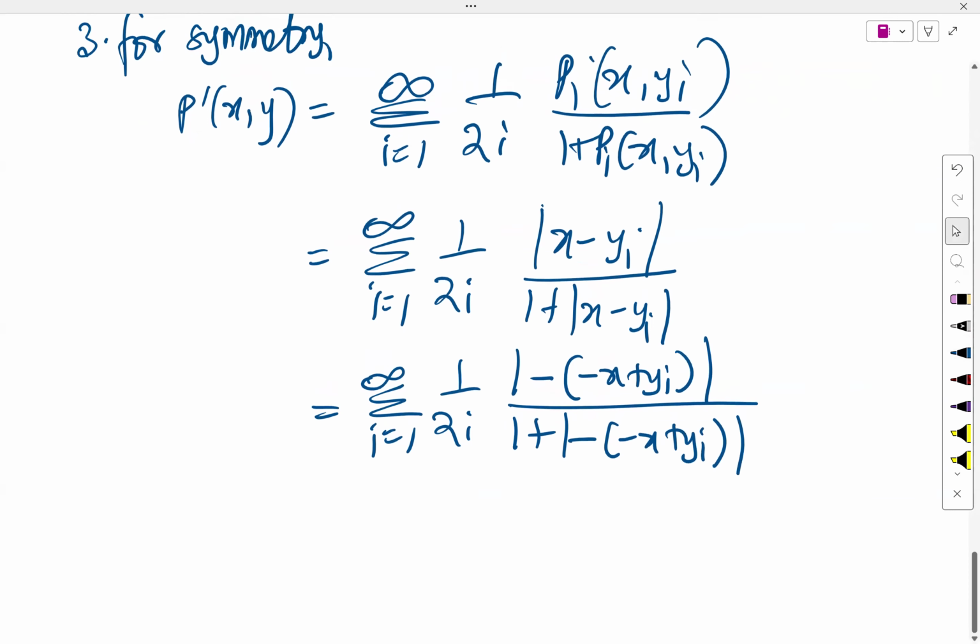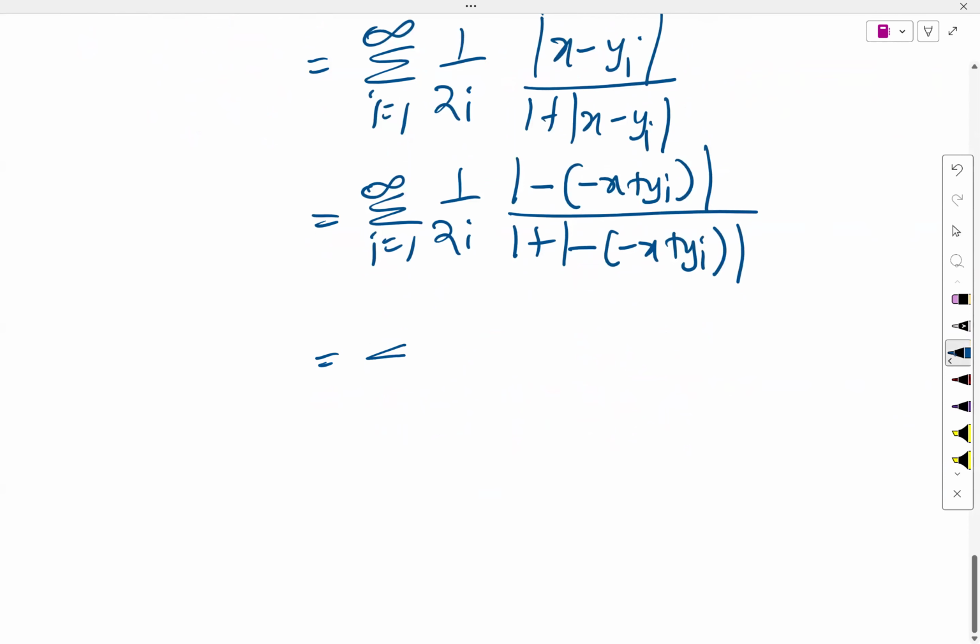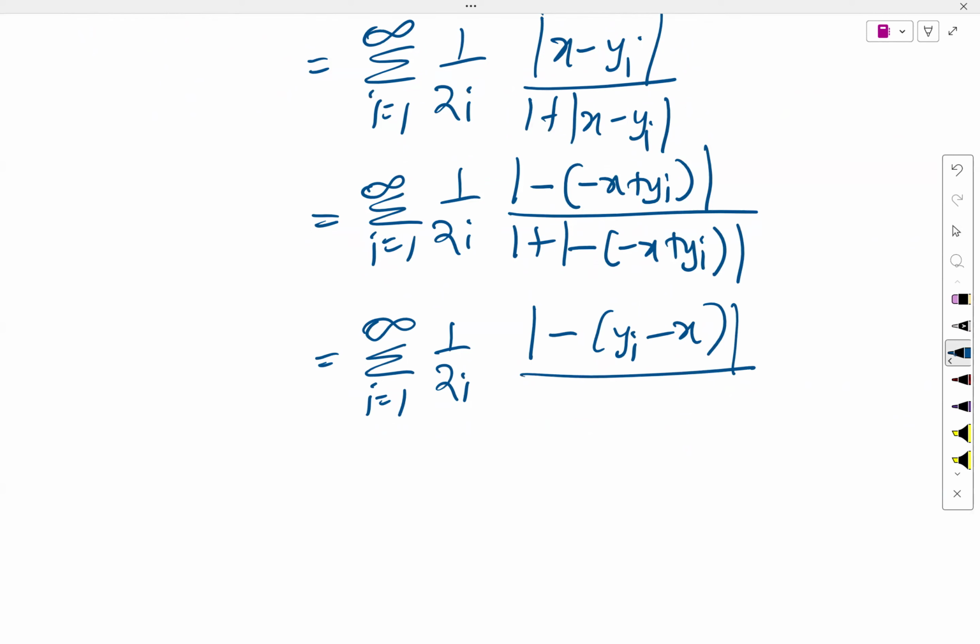So that means this is the same thing as summation from i equals 1 to infinity of 1 over 2i, and then absolute value of minus into yi minus x, okay? Minus x all over 1 plus minus yi minus x again.